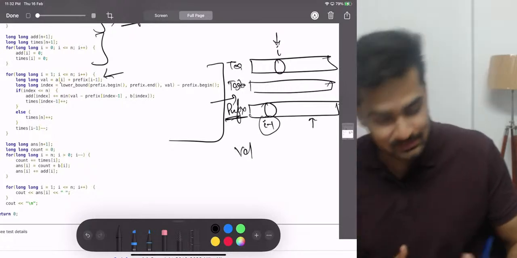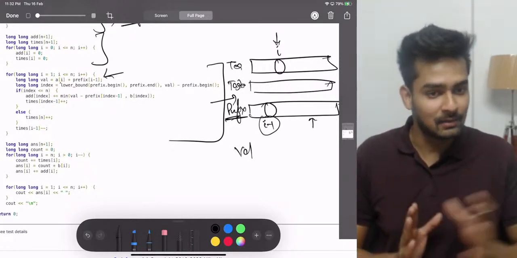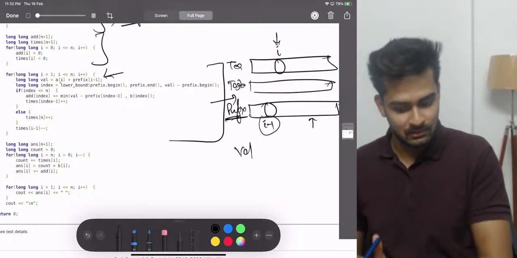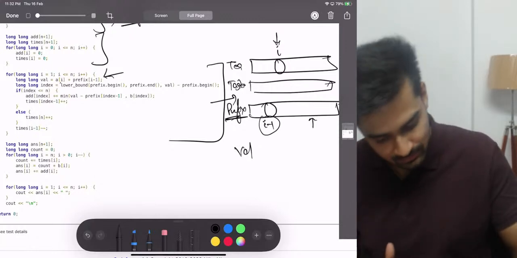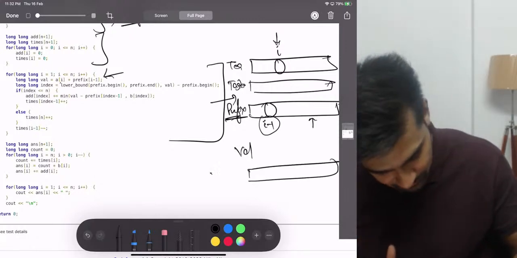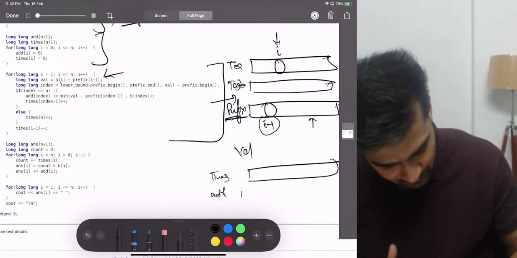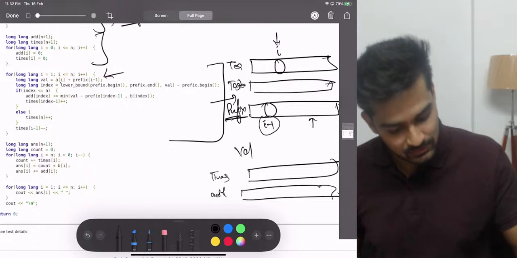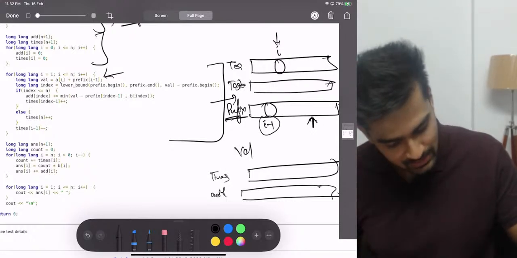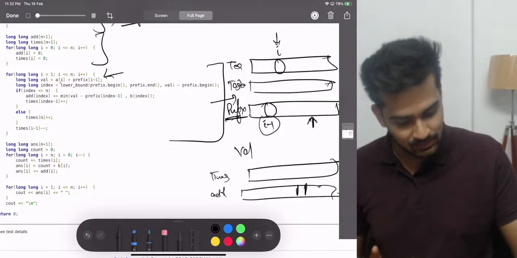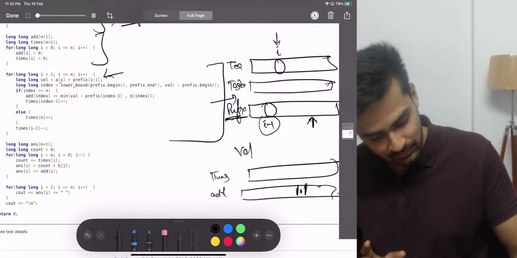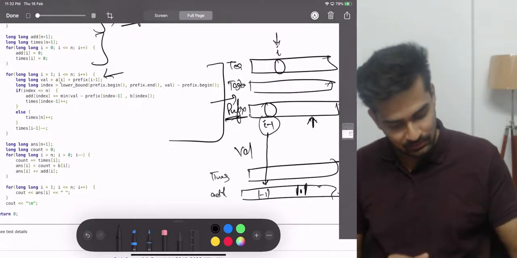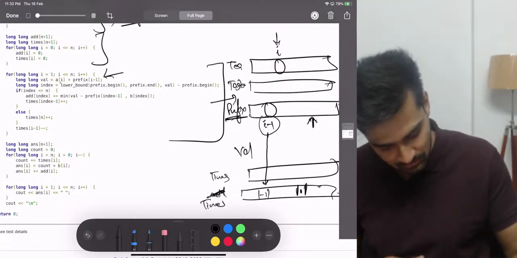I see if this index is less than or equal to n. If it is greater than n, that means all the remaining people were able to consume from the ith t. But if it is less than n, then I have my times array here and my add array here. In my times array, I say plus 1 at index i, and then at the index where I reached, I say minus 1. This is times, and this is add.